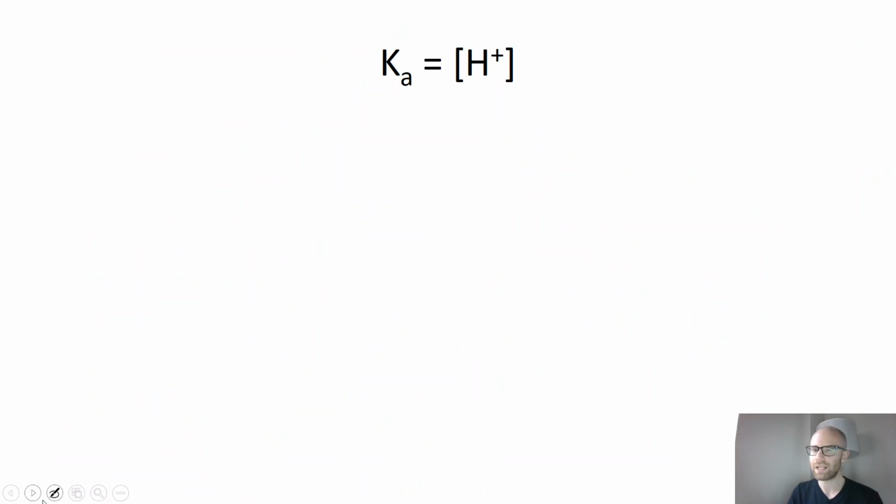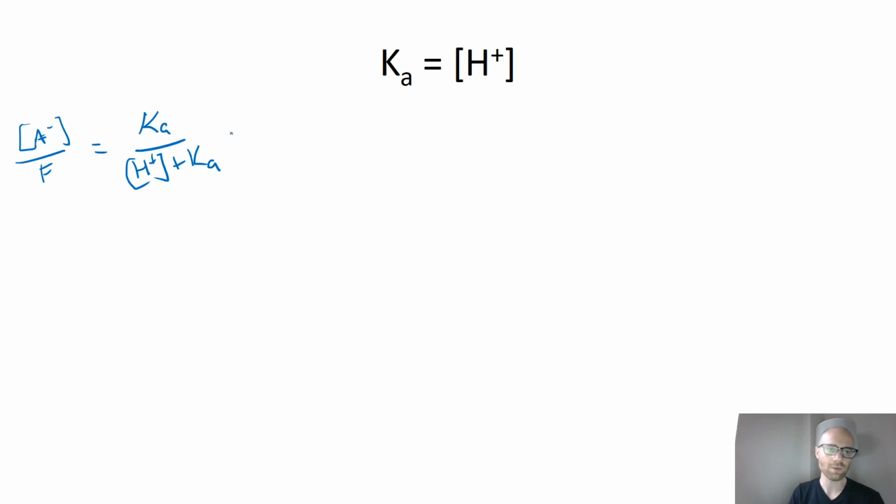So what happens when Ka is equal to H plus? Well, it should be easy enough to solve, right? It's just some algebra. We know that A minus over F is equal to Ka over H plus plus Ka.